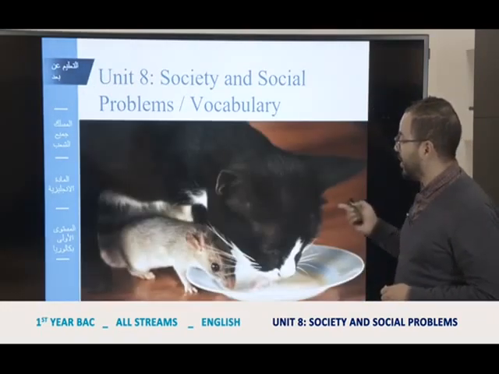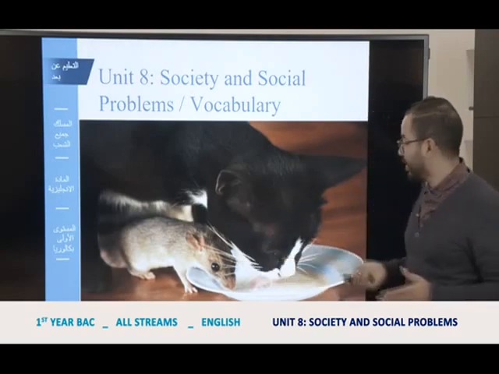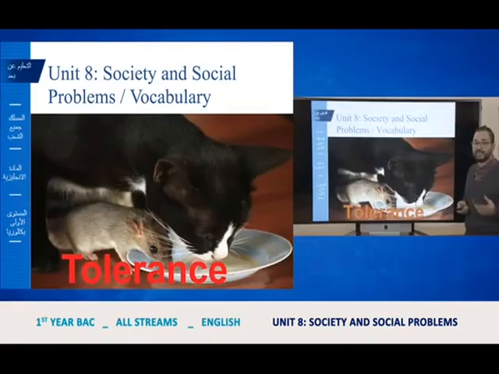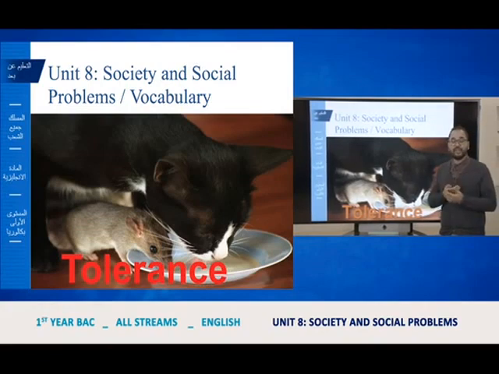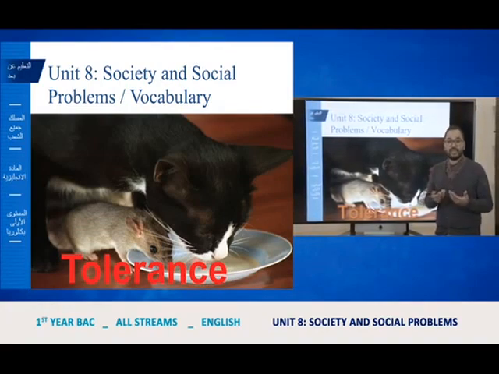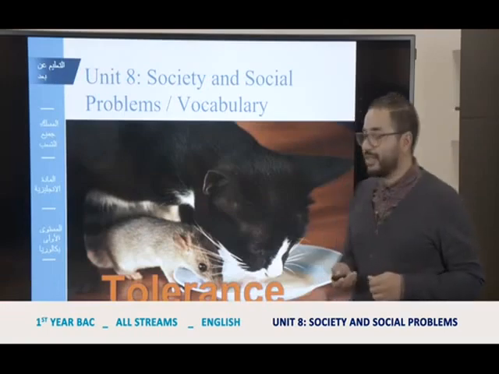As you can see here, there is a cat and a mouse, and there is no problem with that. They are drinking milk, which means that this is a kind of tolerance, when you accept the other, even if you are different or you have different ideas or different beliefs, but you accept that. That's tolerance. The adjective here is tolerant, and the verb is tolerate.